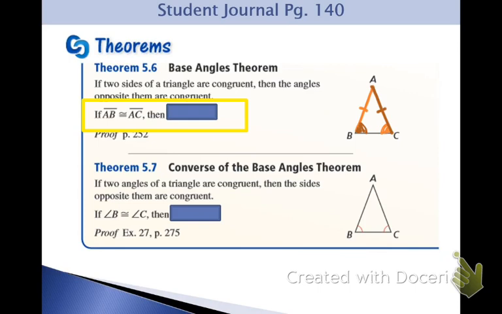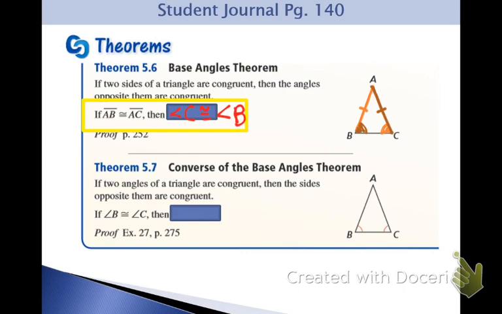What angle was across from AB? C. So then angle C will be congruent to angle B. So because these two sides are congruent, these two angles will be congruent.